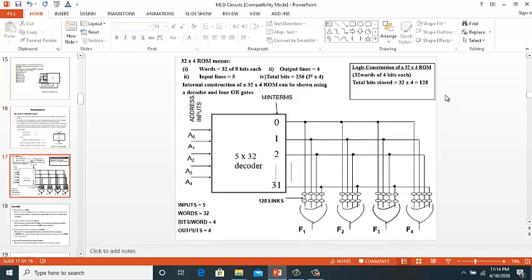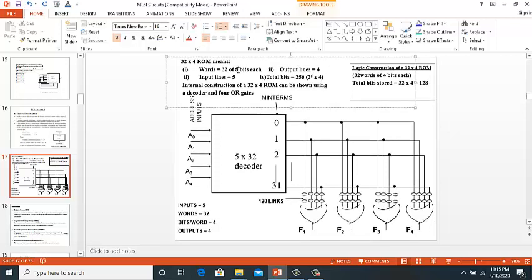Now let us see the logic construction of a 32 into 4 ROM. So 32 into 4 ROM means that this ROM will have 32 words, and each word will be of 4 bits, I'm sorry, not 8 bits.